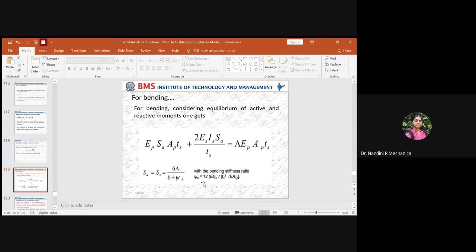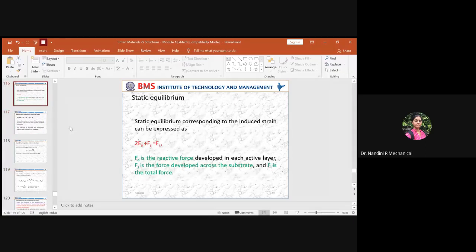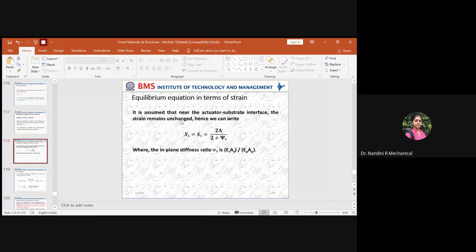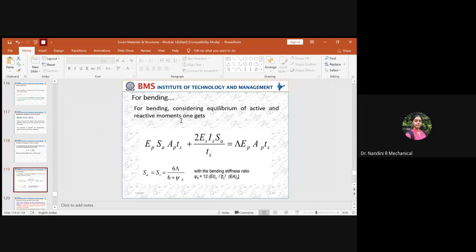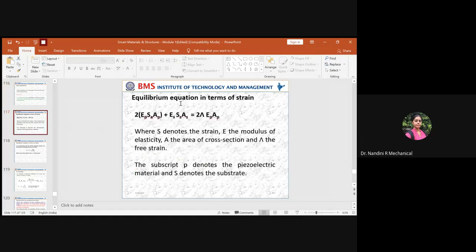And here the bending stiffness ratio is given by this equation. You should just remember these equations while explaining equilibrium, strain distribution, equilibrium for bending distribution, and also static equilibrium with respect to forces applied and static equilibrium with respect to the strain applied.